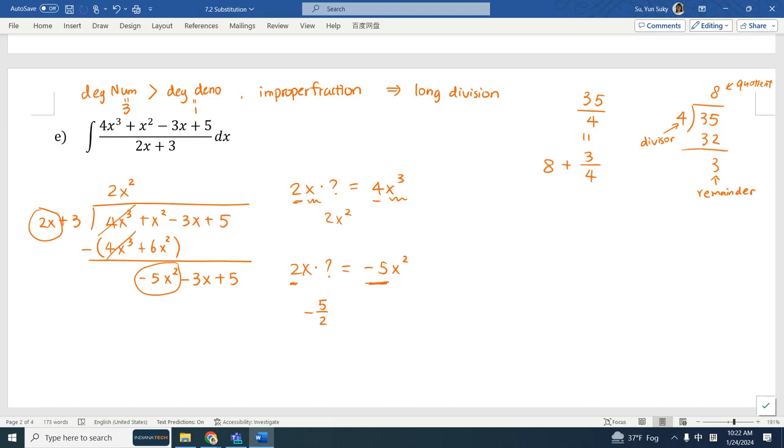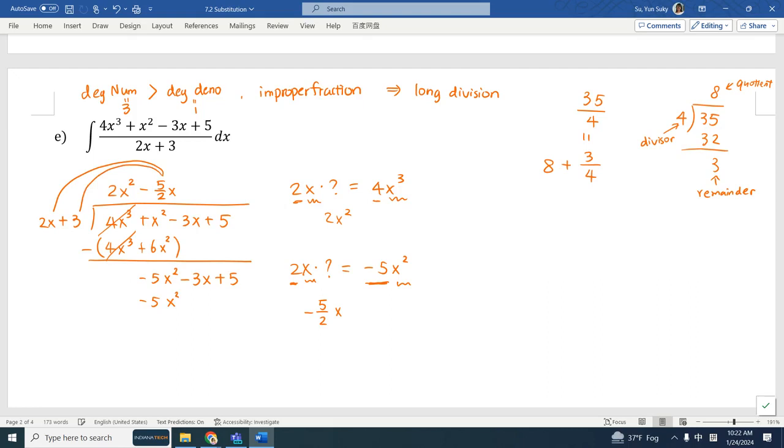The 2 will cancel out and you get the number 5. And x times what is x squared? x. So we multiply by negative 5 over 2 x. Multiply by 2x is negative 5x squared.